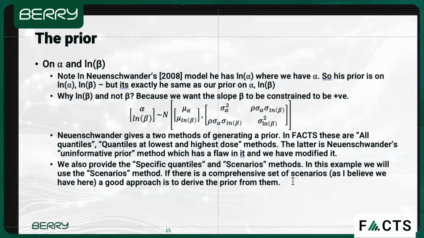We simply fit the logistic to each one in turn, which gives us a whole set of pairs of alpha and beta. From those pairs of alpha and beta, we can then simply derive the bivariate normal.